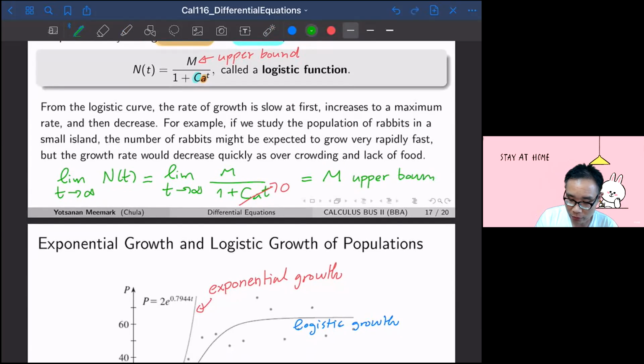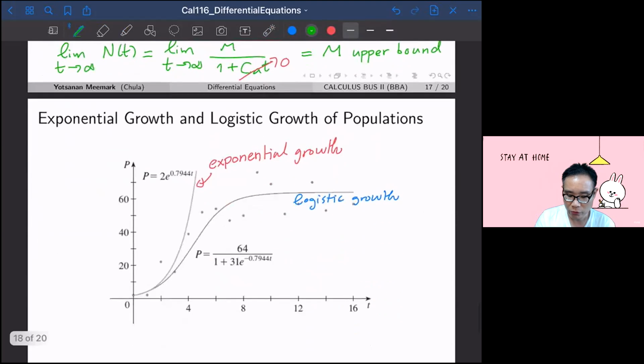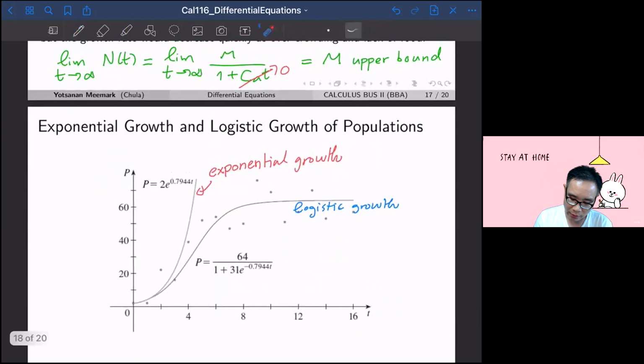The situation for the logistic growth is going to be like exponential at first. You see that the graph looks like exponential growth at first. However, the growth will be decreasing. So this one is concave up, and this one is concave downward like this one.